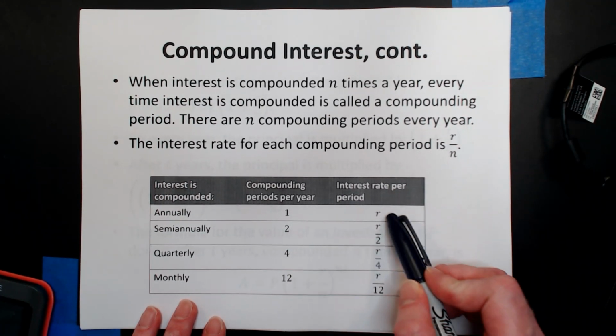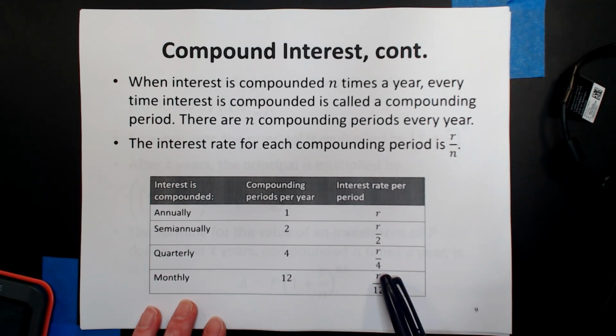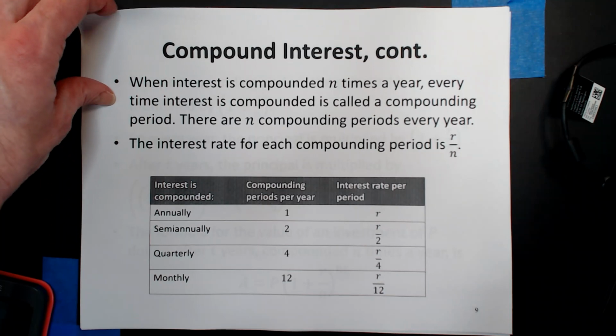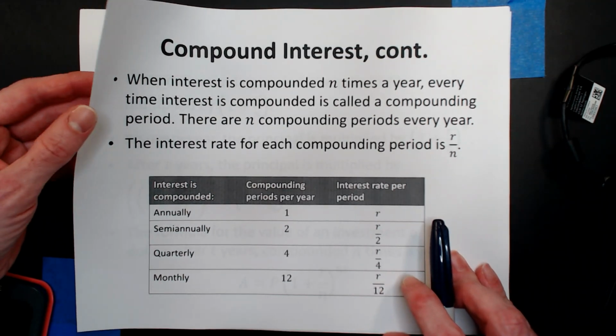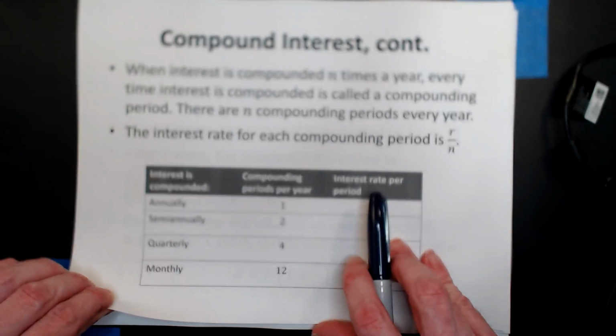So semi-annually, it's R over 2, quarterly, R over 4, monthly, R over 12. And then you can get weekly, daily, hourly, minutely. Then it gets kind of ridiculous. And if you're going to keep going, we'll talk about e here in a second.